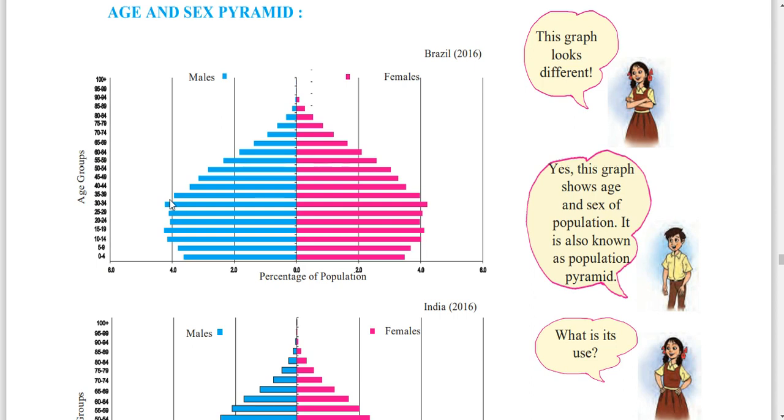But after the 35 to 39 age group, the men's population keeps on decreasing, and beyond 89 it is almost zero. Similarly, for females also, with increase in age up to 34 years it is increasing, but then it quickly starts decreasing with age up to 89 years.